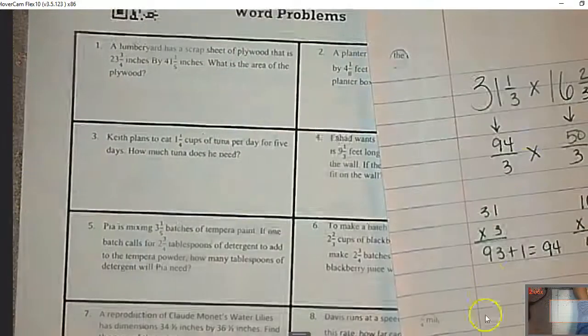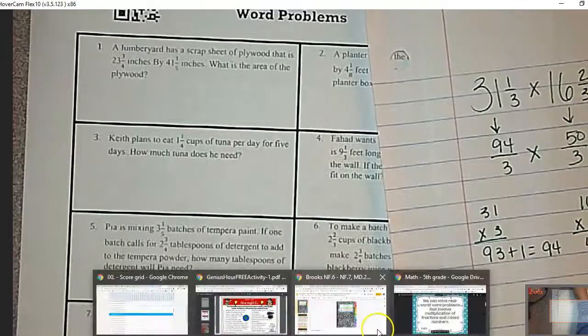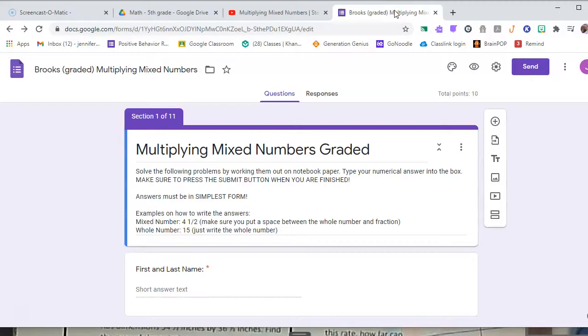Additionally, when you finish that, if you have time today, you are going to go on to this Google form that is already posted in Google Classroom. But that is only if we've got the time today. All right? Do you feel like you've got a better understanding of how to apply mixed numbers to real-world problem solving? All right, guys, go ahead and get started for the day.